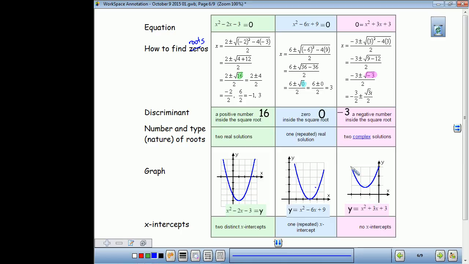It's going to be a quadratic that is above the x-axis and opening up, or it could be a quadratic below the x-axis and opening down. If it were negative, yeah. This would have to be like a negative. Okay? So when we get a discriminant that's negative, it tells us there's no real solutions.